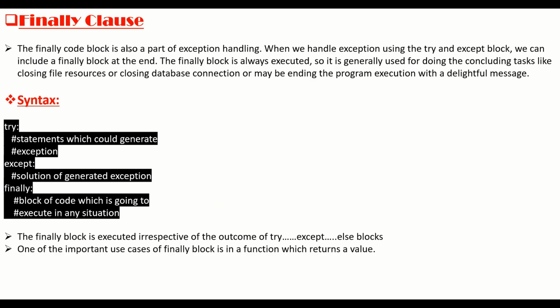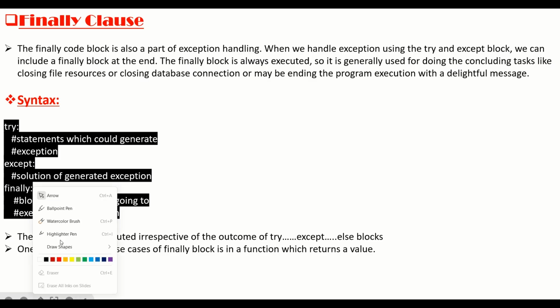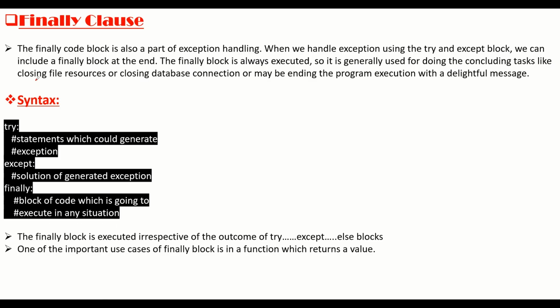So this is our finally clause. What is the finally clause? The finally block is also a part of exception handling. When we handle exceptions using the try and except block, we can include a finally block at the end. The finally block is always executed.